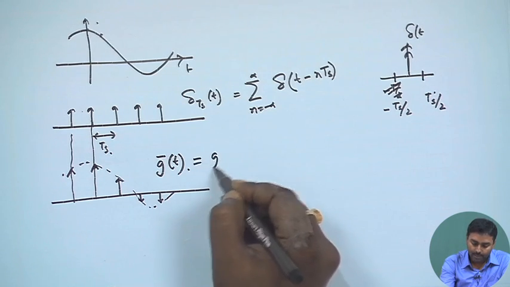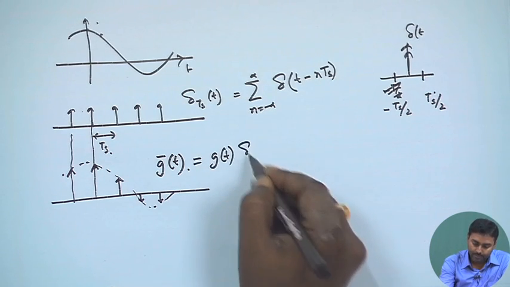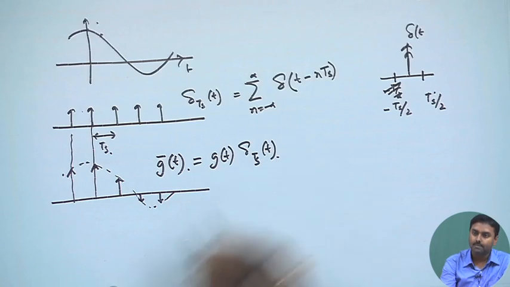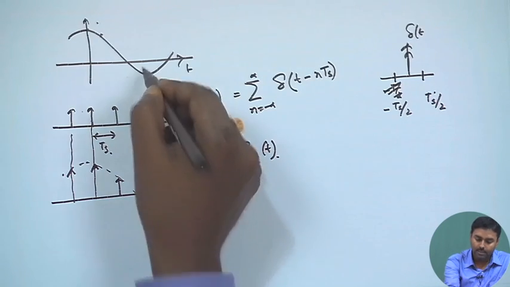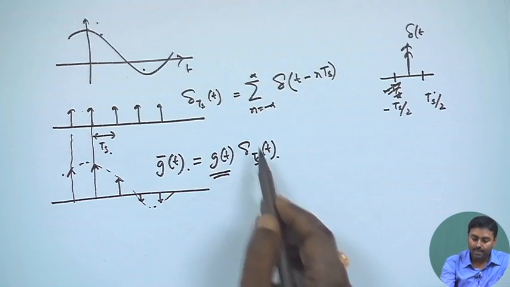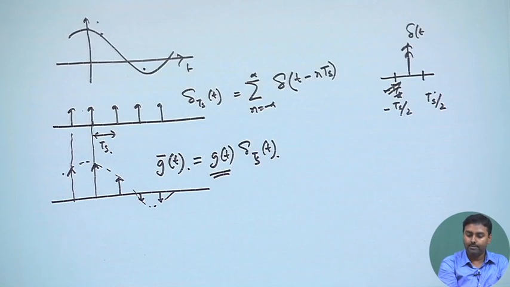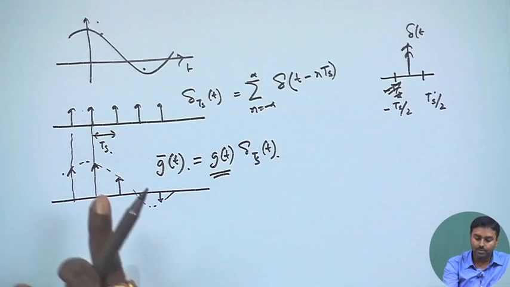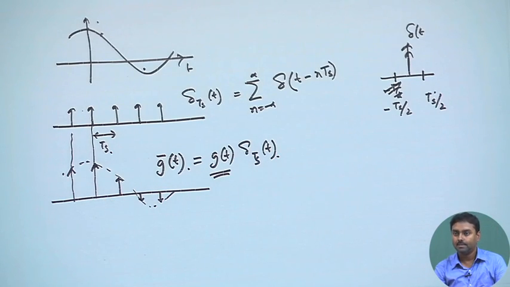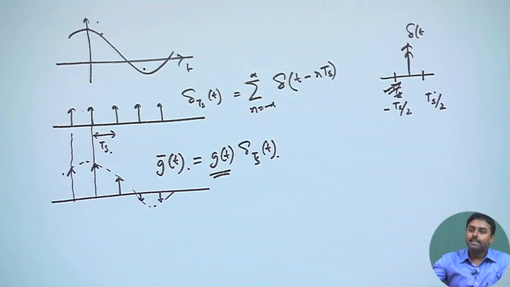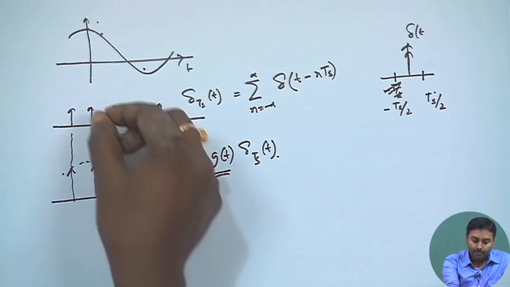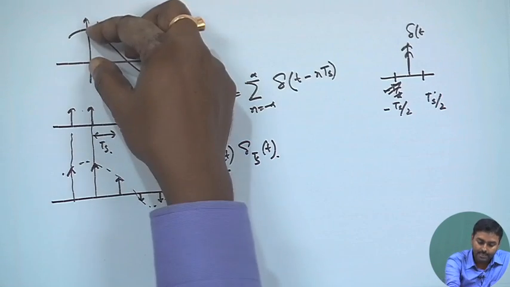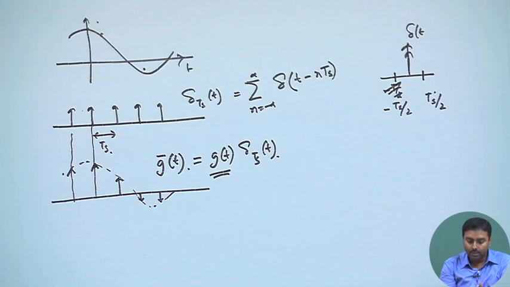This is nothing but our g(t) multiplied by delta Ts of t, the original function multiplied by the train of delta functions. If we multiply these two, we get sampling. Sampling is nothing but discretizing in time. We pick the sample value at that location and ignore everything else between the intervals of Ts.